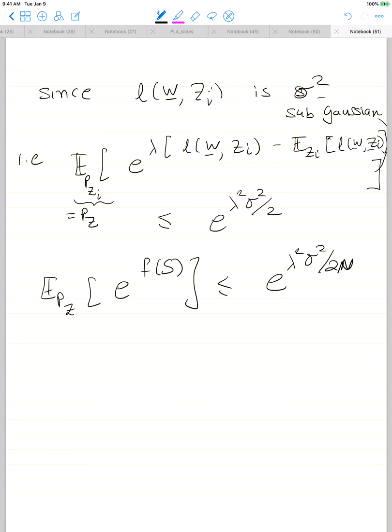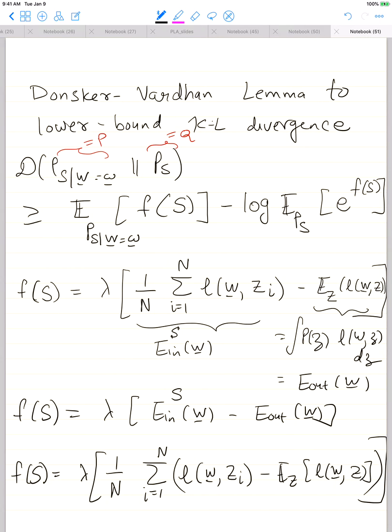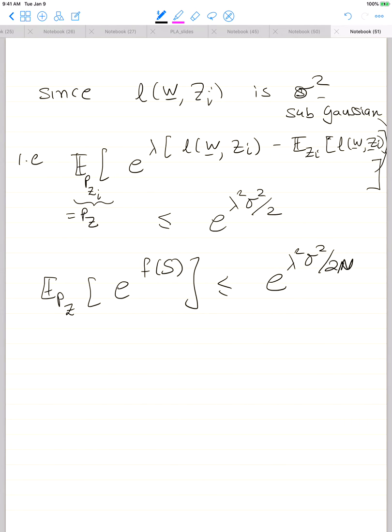So if your original loss function was sigma square sub Gaussian, f of s, which is the average of n independent random variables, ends up being sigma square over n sub Gaussian. It's the same thing that the variance decreases by 1 over n if you average n random variables. Proofs are again pretty straightforward, we won't do it, but this is just a fact about f of s. This is with respect to PZ, that is important, not P of Z given W, because here we are fixing W, sampling Zi's IID according to PZ. So with respect to PZ, this loss function is going to be sigma square over n sub Gaussian.